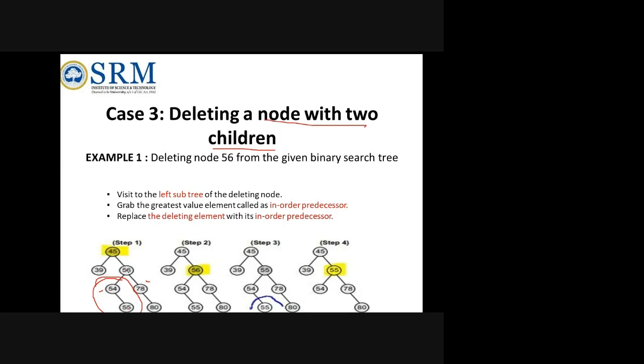You can replace 56 with 55. This is called the in order predecessor. So grab the greatest value, the in order predecessor. Or in other words, choose the maximum value from the left tree.